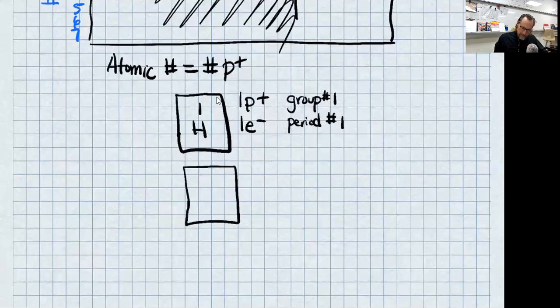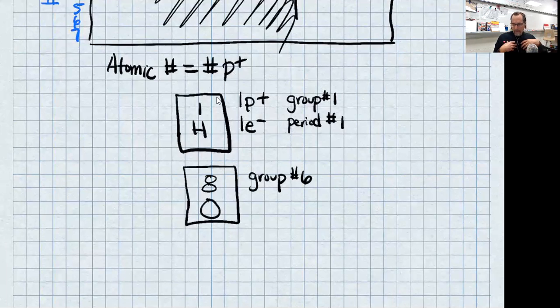Another example would be oxygen, which has an atomic number of 8. So it has 8 protons. Its symbol is O for oxygen. And I find that on the periodic table, that is going to be in group number 6. It might be group 16 on some periodic tables, but again, we're ignoring those transitional metals.